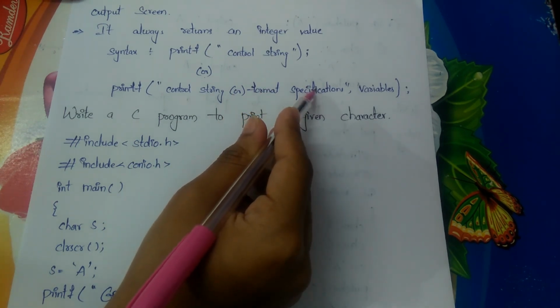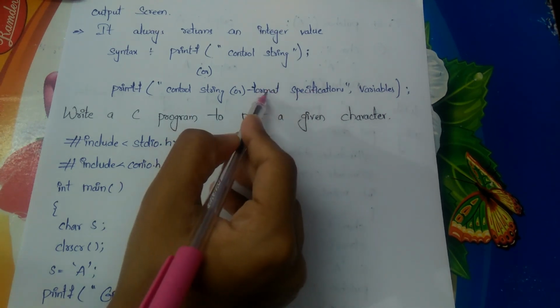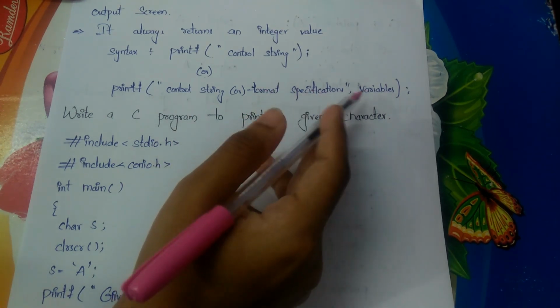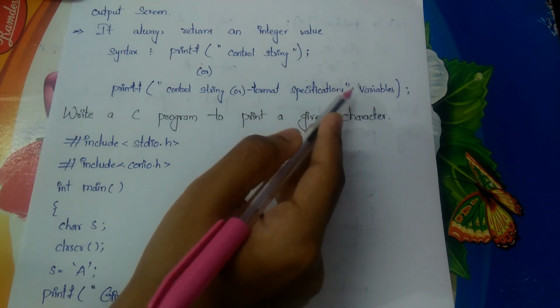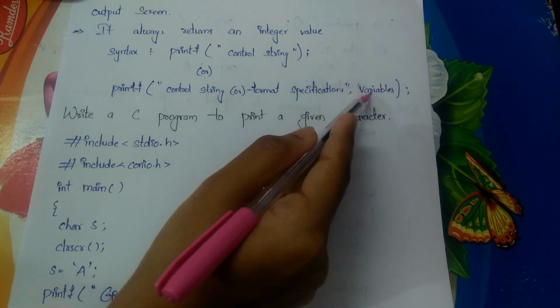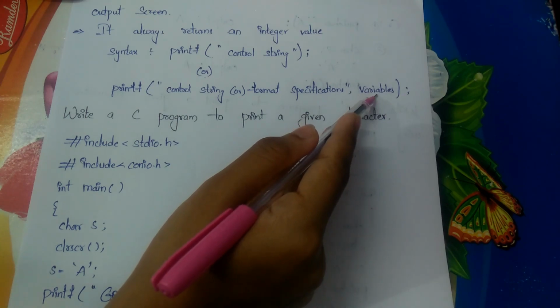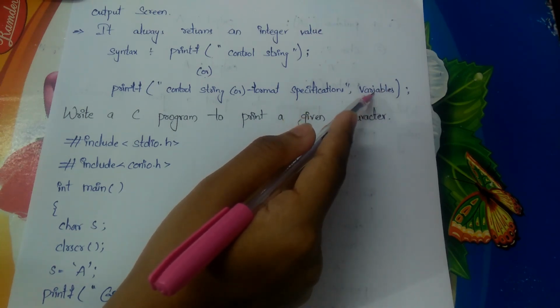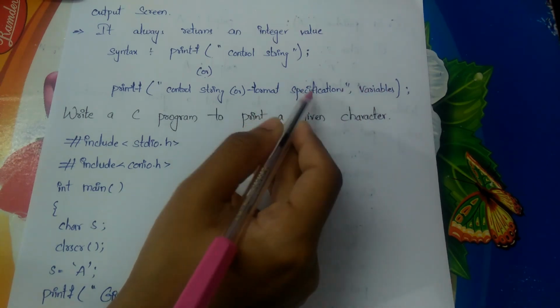We have the format specifications for integer like %d, for float like %f, for character %c, etc. So when we are using the format specification, we have to end with a semicolon, and after that we have to write the variable name, the variable name along with the format specification.